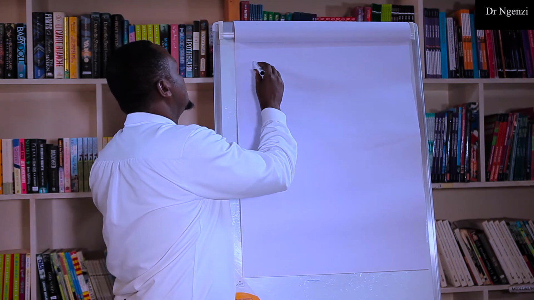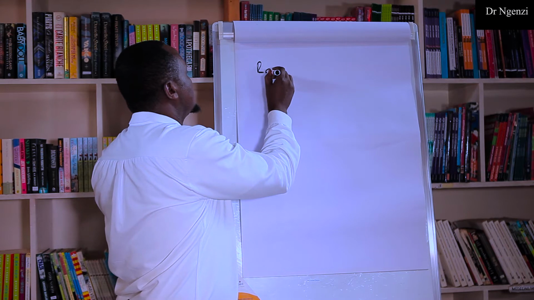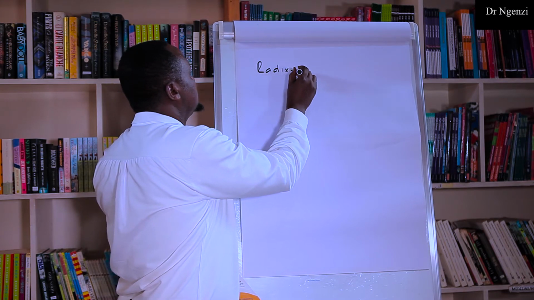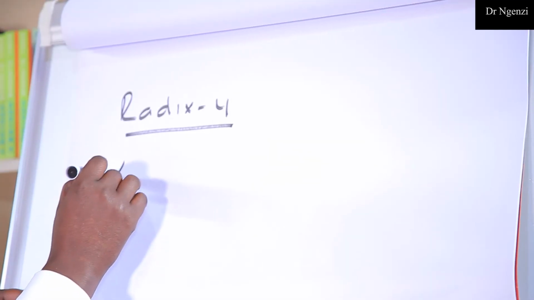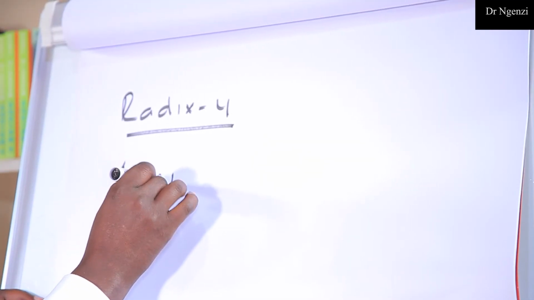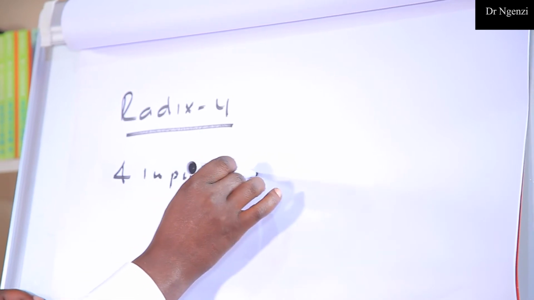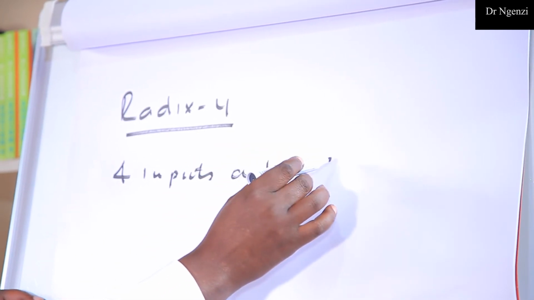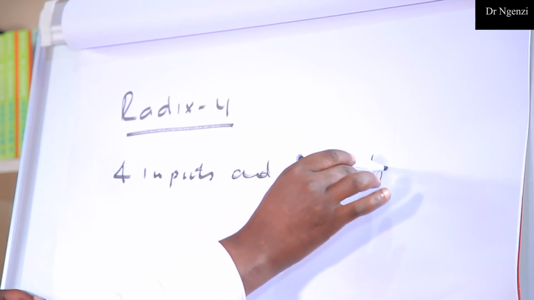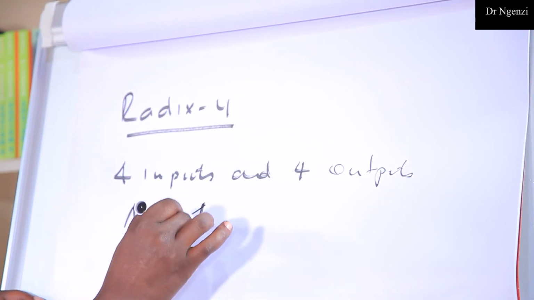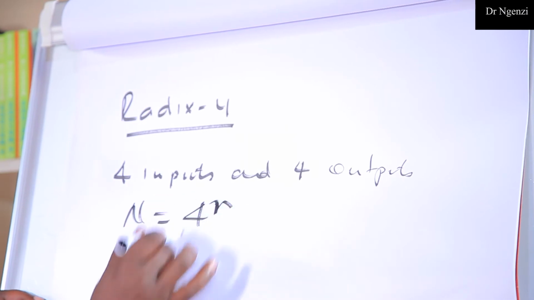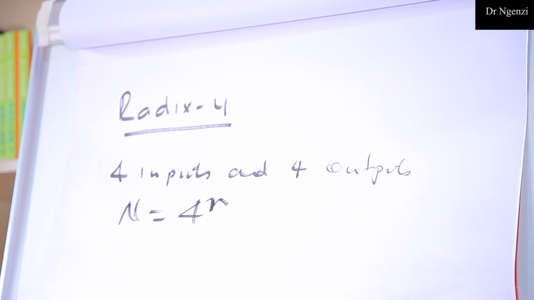So now let us discuss the RADIX-4, whereby we have 4 inputs and 4 outputs, and whereby N is equal to 4 to the power R in this case.